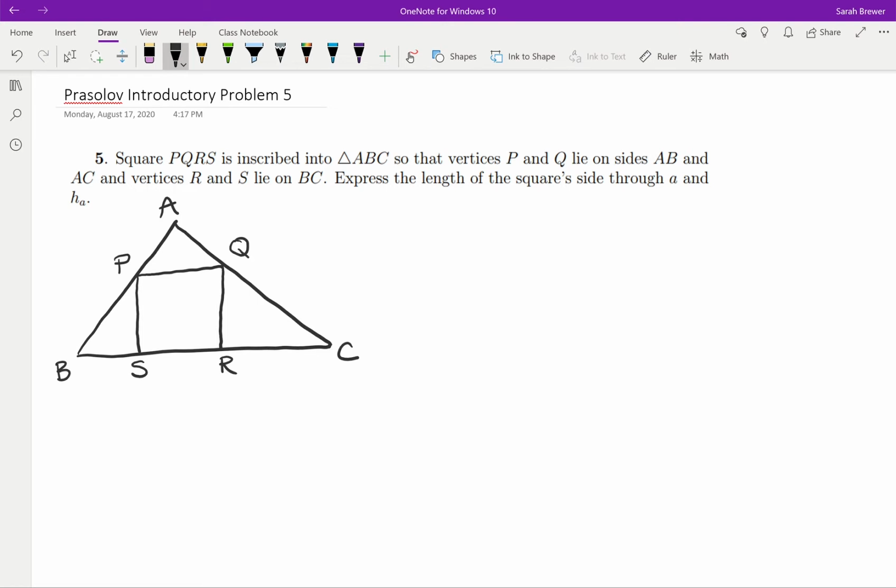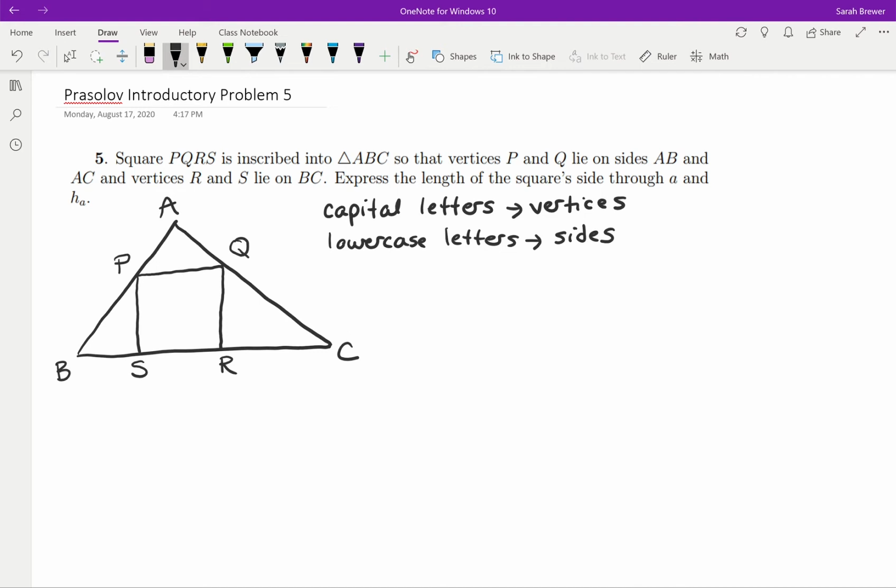Generally speaking, when we're naming things in a triangle, we're going to use capital letters to indicate vertices, and we're going to use lowercase letters to indicate sides. We'll use the same letter for an angle and its opposite side.